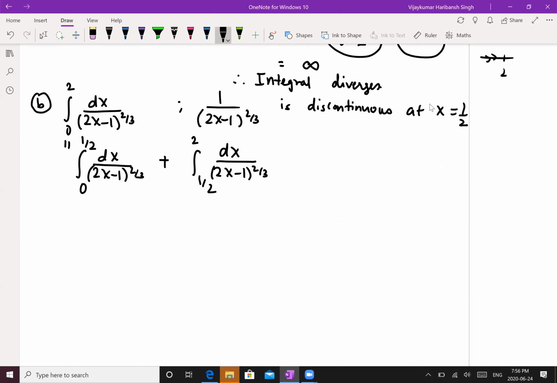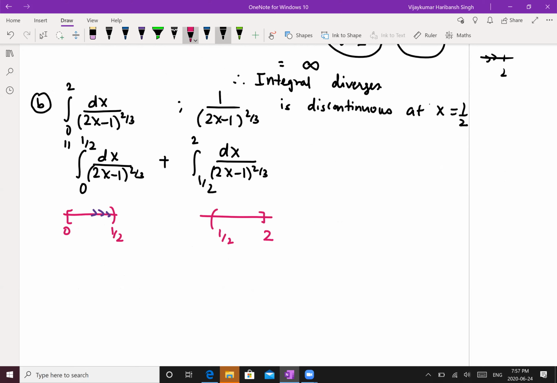In the first part we have 0 and half. In the second part we have half to 2. So in this case we are approaching from this side.